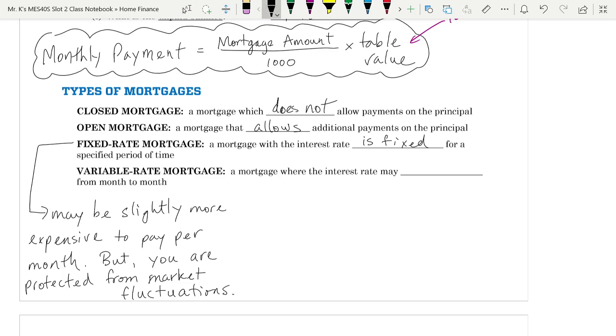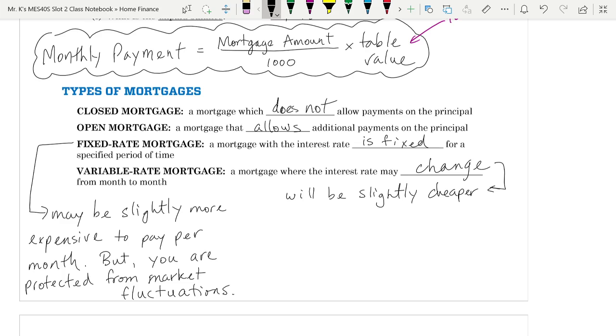A variable rate mortgage is a mortgage where the interest rate may change, again, a better word might be fluctuate, from month to month. And this one will be slightly cheaper, as in, probably no more of a savings than $50 a month, if that.